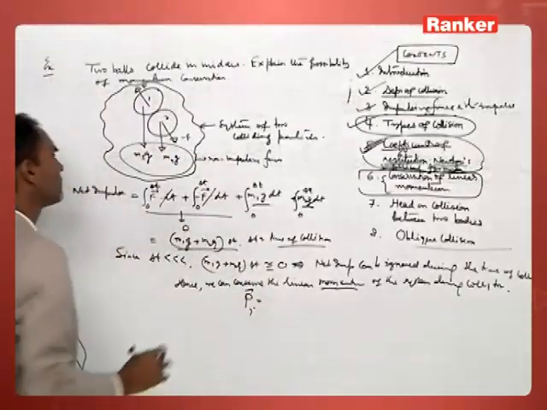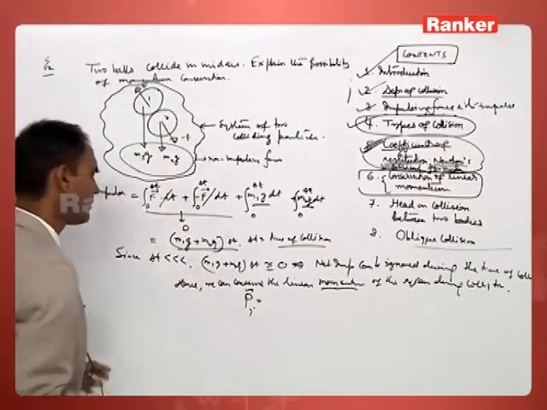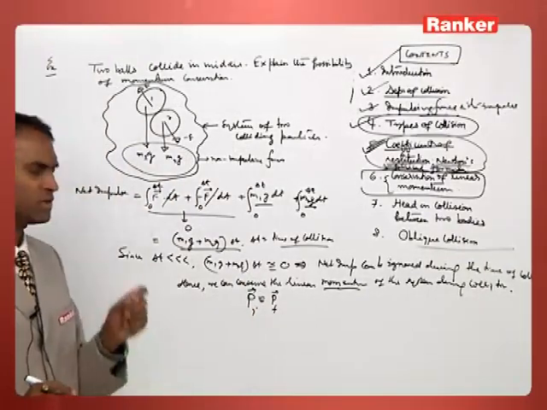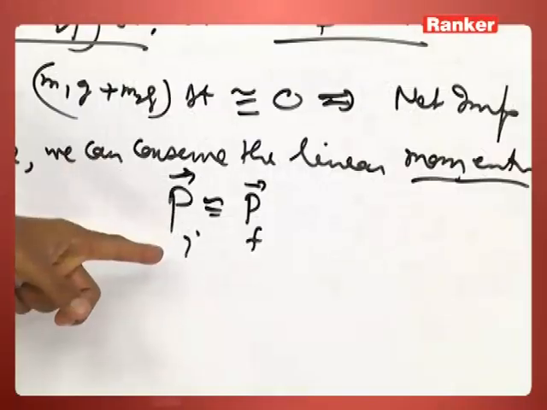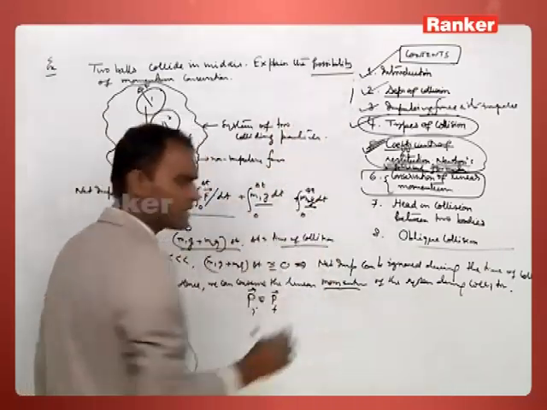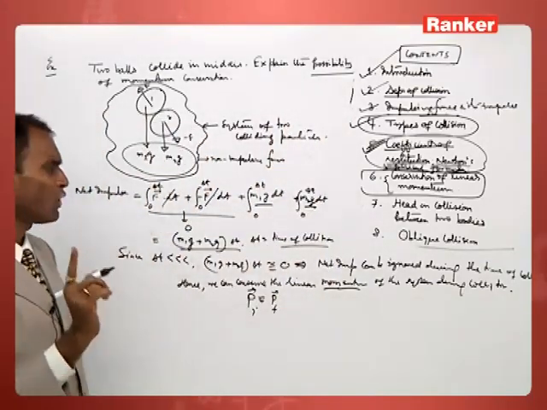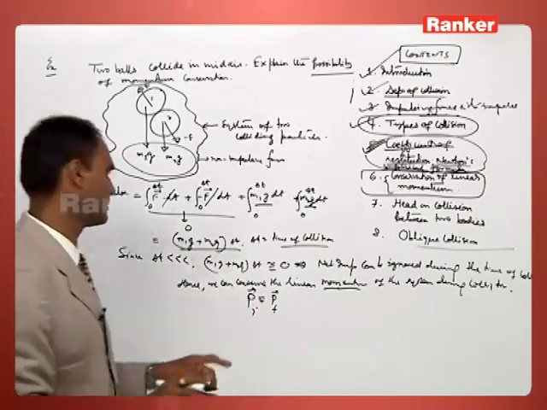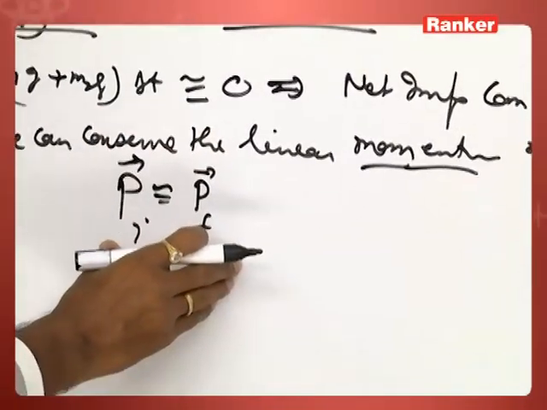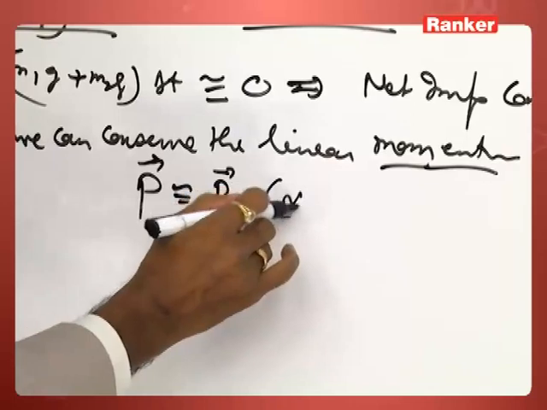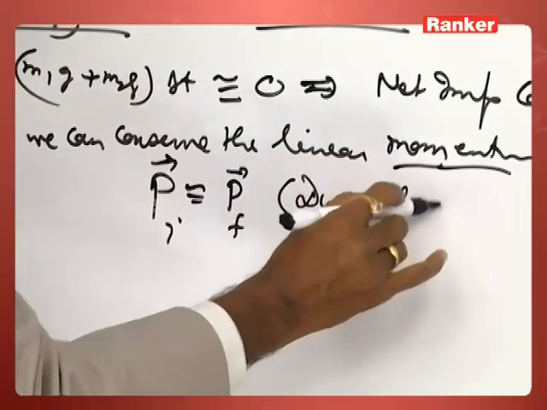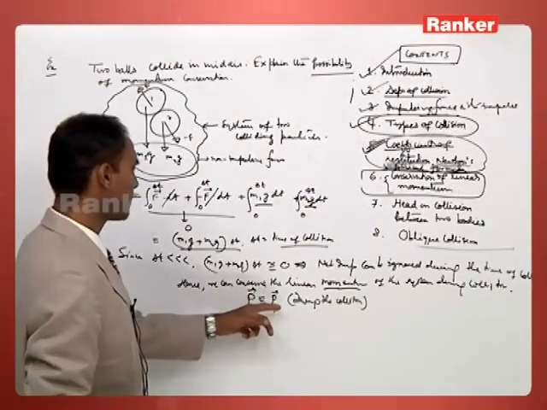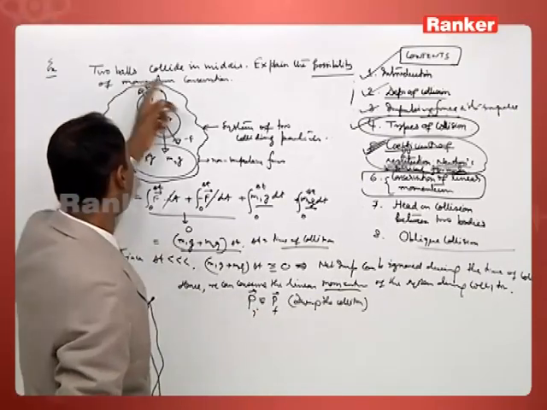Just before the collision, the momentum of the system can be approximated to the momentum of the system just after the collision. Try to understand: the possibility is there, but that is limited to the time interval in which the collision takes place. These two momenta can be equalized during the collision, just before and just after.